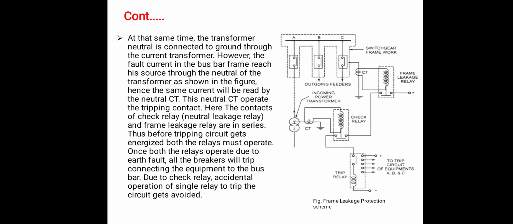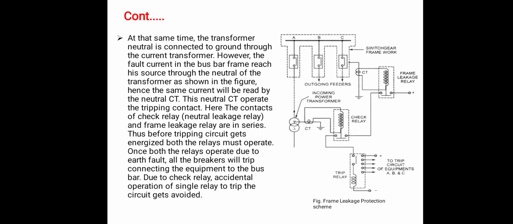Now this one is another schematic diagram of the frame leakage protection scheme. In this scheme, the bus bars are supplied from a power transformer. This is the power transformer, with star connected secondary winding, which supplies the bus bar. The main difference between the previous frame leakage protection and this scheme is that here we use two types of relay, which are the leakage relay and the check relay.